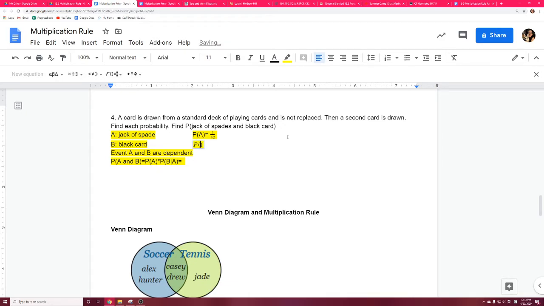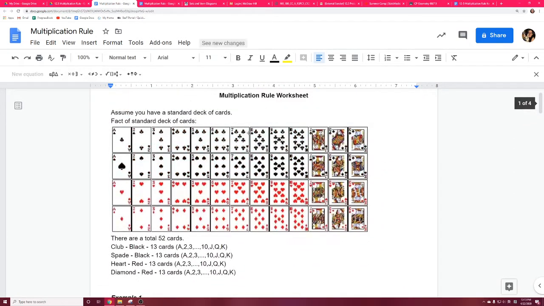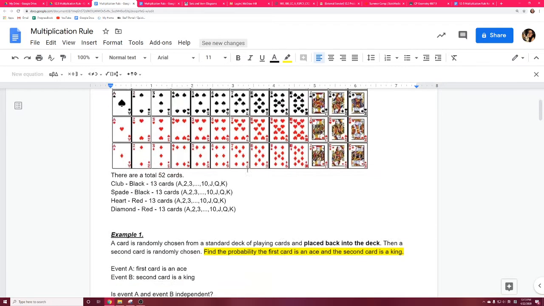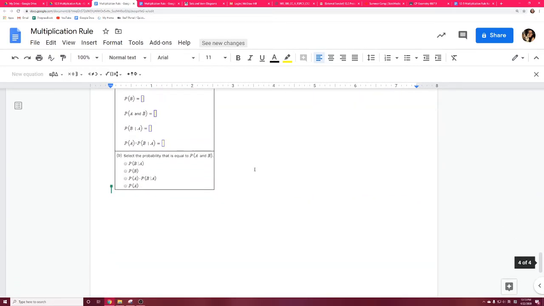Okay, and event B, there's no replacement, which means the Jack of Spades is already gone. So let's look at this. Probability of B is equal to getting a black card. Let's look at how many black cards you have. You have 2 suits of black cards, and each suit is 13 cards. So in total, you will have 26 black cards. However, your Jack of Spades is gone.